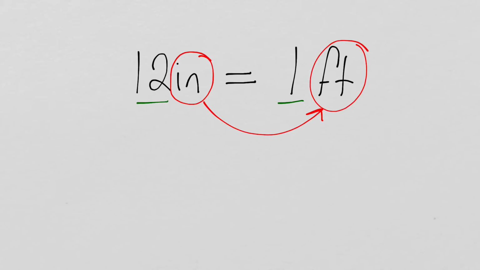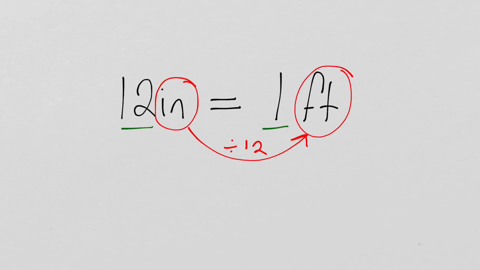Now I could subtract 11, but in this case we're either going to multiply or divide. Those are the only two operations we're going to use. So how do I get from 12 to 1? Well, I'd have to do 12 divided by 12, right? So I'd have to divide by 12 in order to move from my 12 inches to my 1 foot.